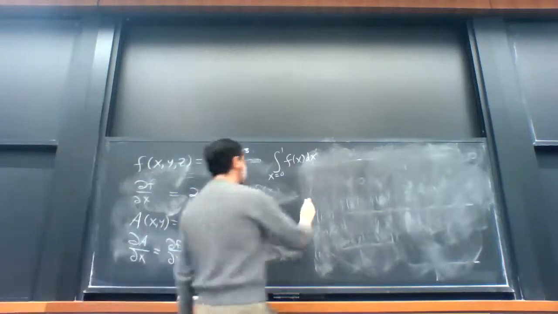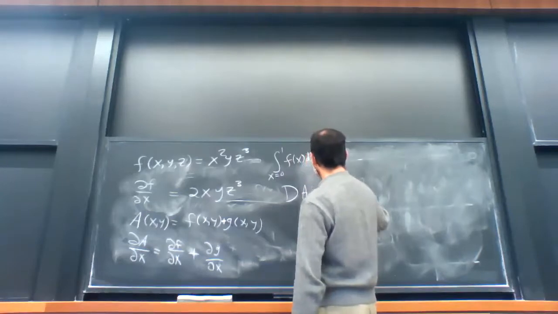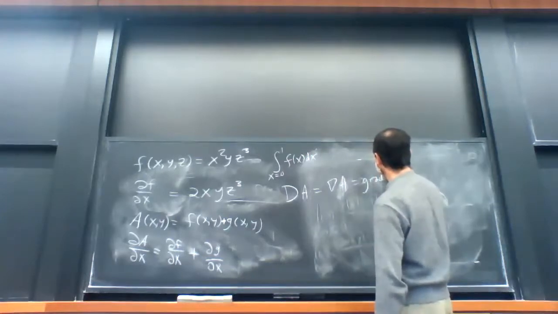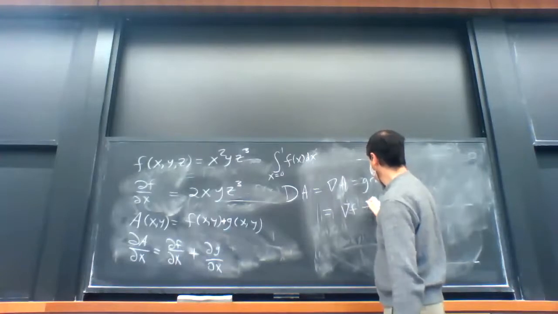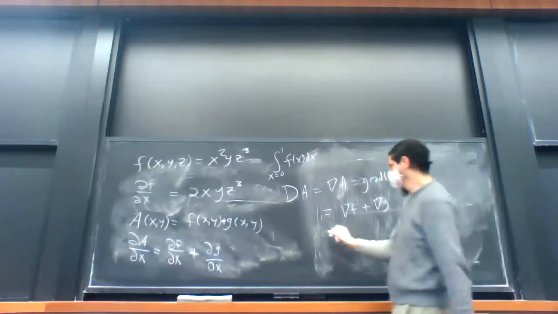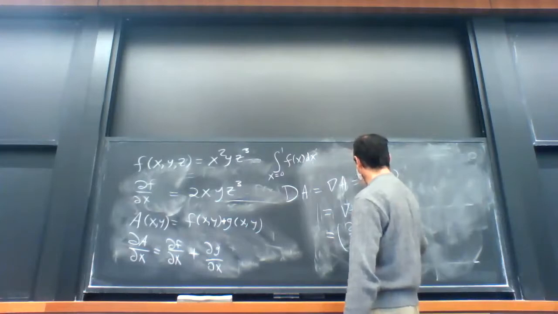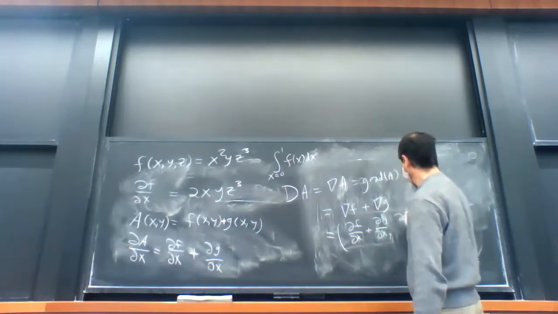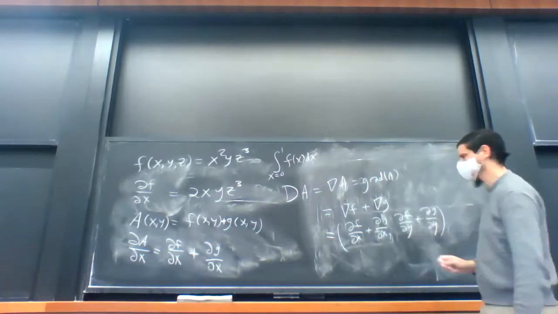More generally, you could say the derivative of a, or like that, the gradient of a, or the grad of a, any of these is fine, is equal to the gradient of f plus the gradient of g. And if you wanted to write this in vector form, it would be df/dx plus dg/dx, df/dy plus dg/dy.